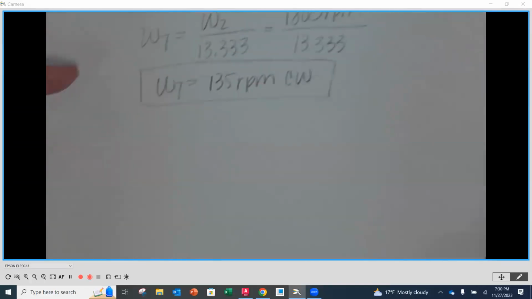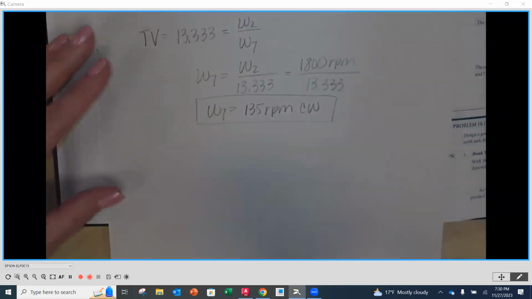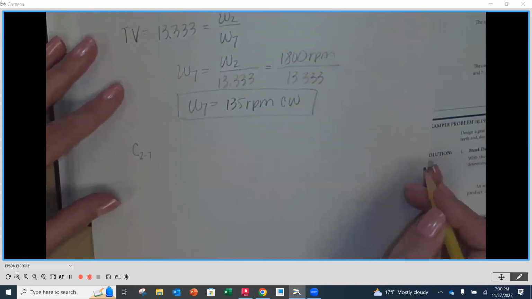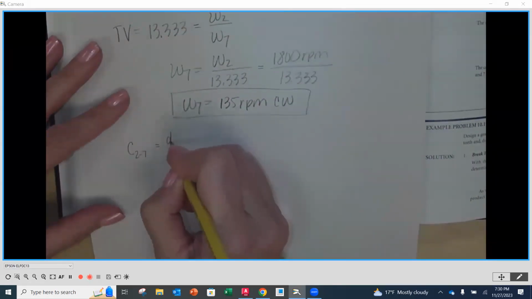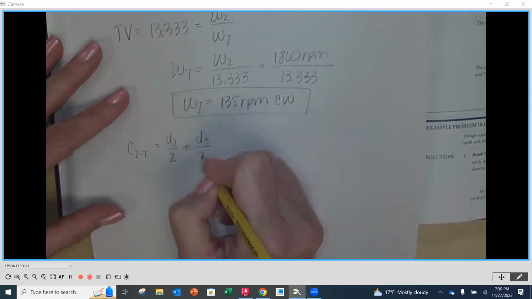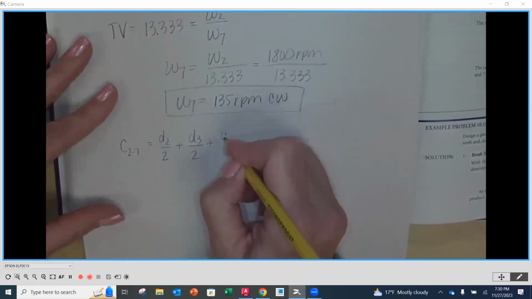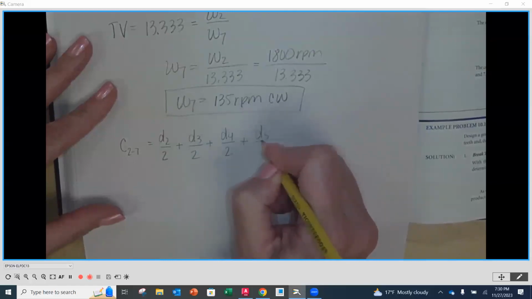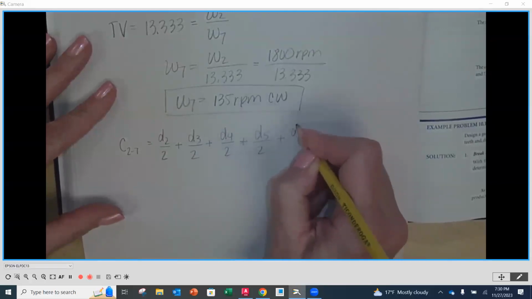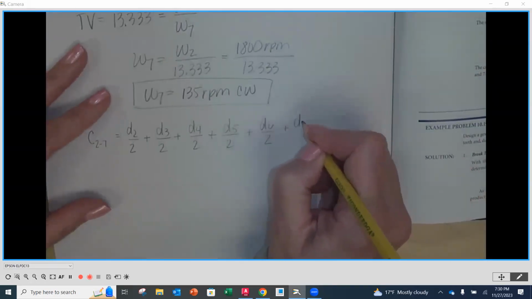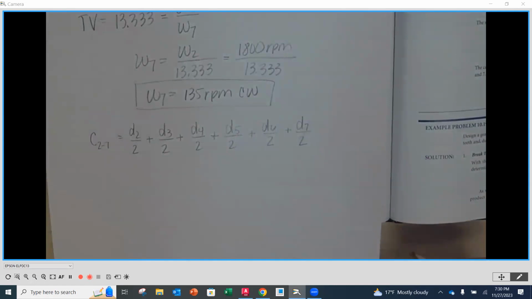Okay. So our center distance for this train, our C, we'll call it 2 to 7, is going to be equal to diameter of 2 divided by 2, diameter of 3 divided by 2, plus the diameter of 4, plus the diameter of 5, plus the diameter of 6, plus the diameter of 7, all of them divided by 2.